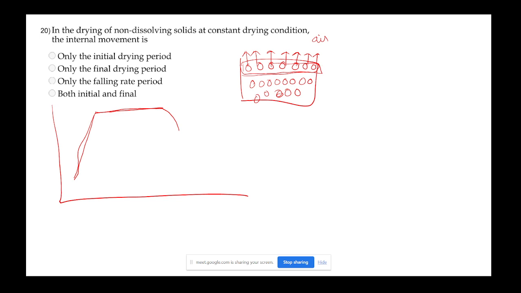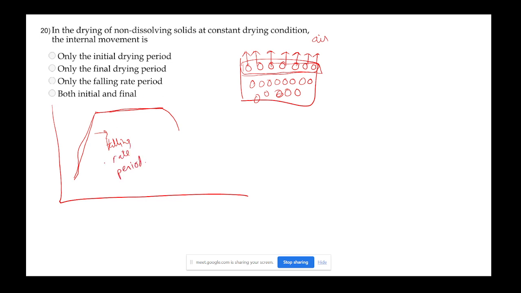After a certain period of time, since the water quantity decreases in the solid, the amount of water present in the solid reduces, and the water going onto the surface reduces. So the rate at which water now comes out is less. This corresponds to the falling rate period.